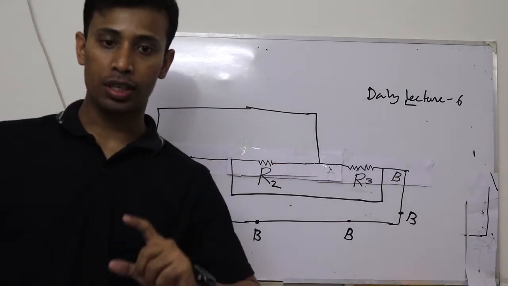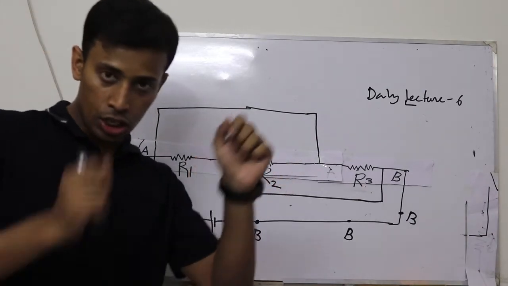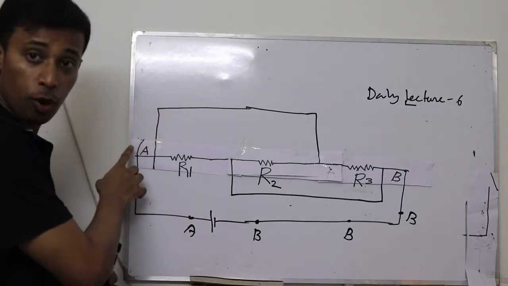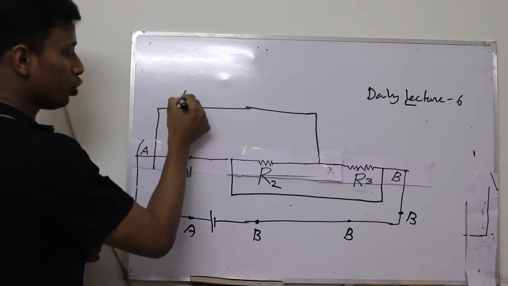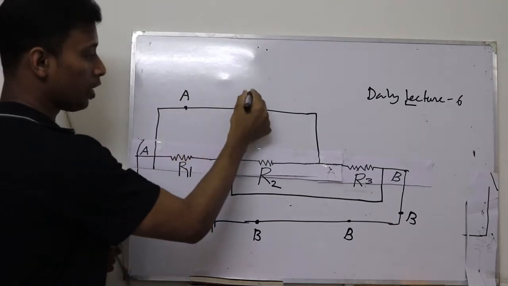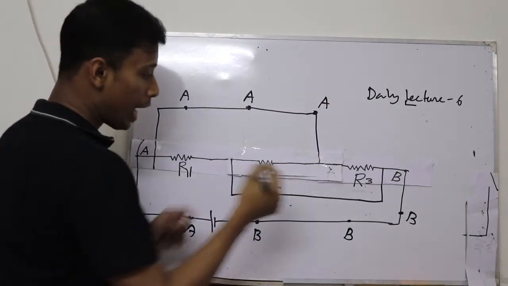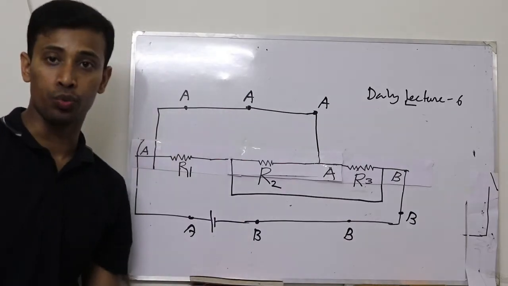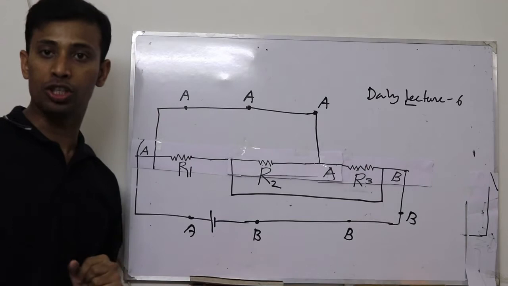We know shorts exactly link two points into one. So if this point is A, this is A, here it will be A, here it will be A, and this point will also be A. So all these points are A because of the short.